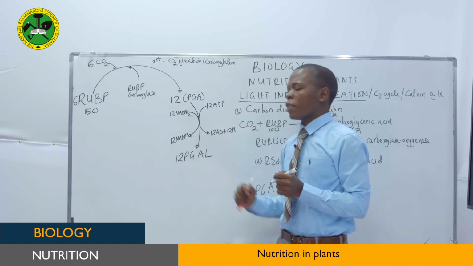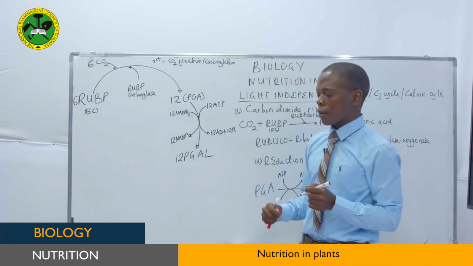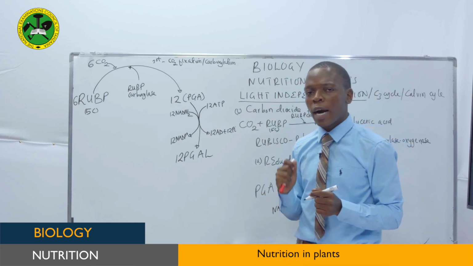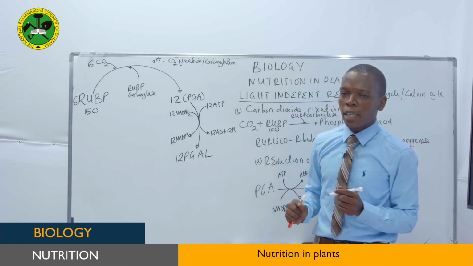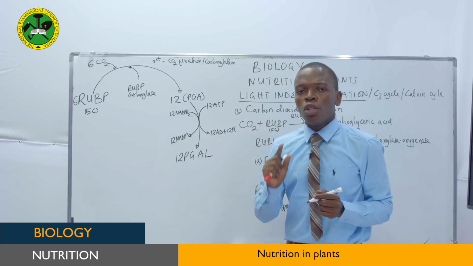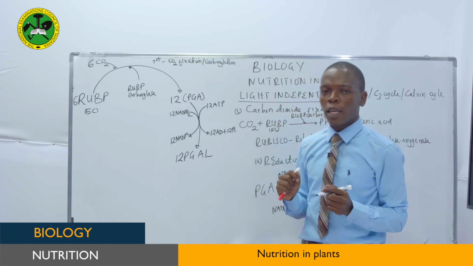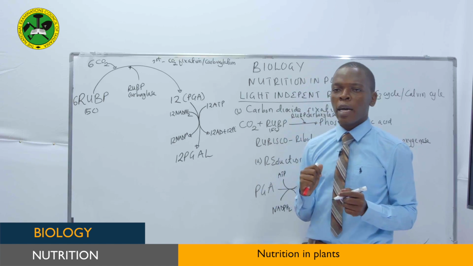Yes. After formation of this PGAL, what next? Some of the phosphoglyceraldehyde is used to make photosynthetic products such as glucose, amino acids, and other products.